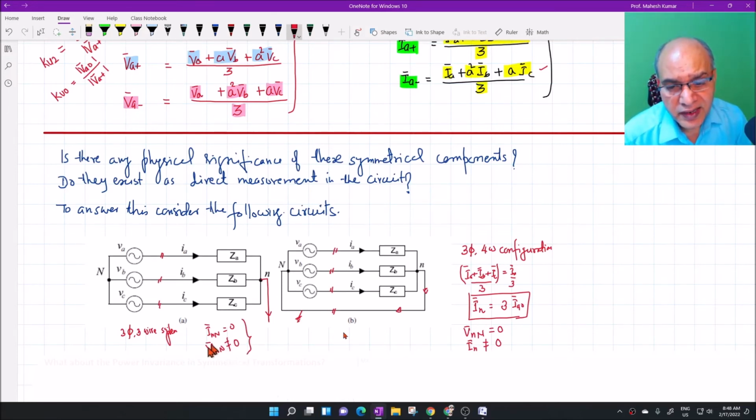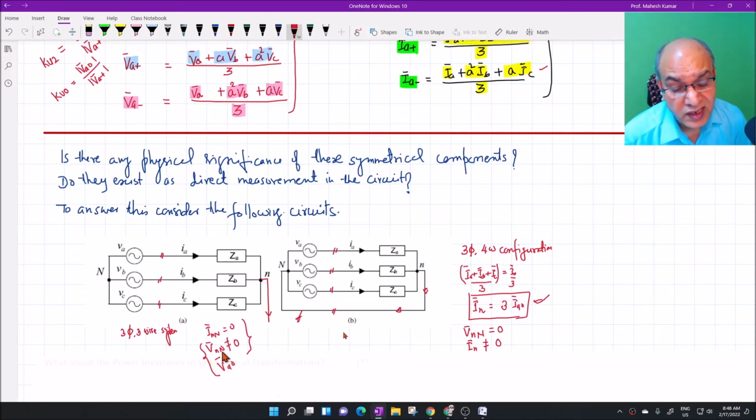However, VNN and IA0 cannot be as directly related as the zero sequence component, this one. This is always true. But it is difficult to say how IA0 is related to VNN.